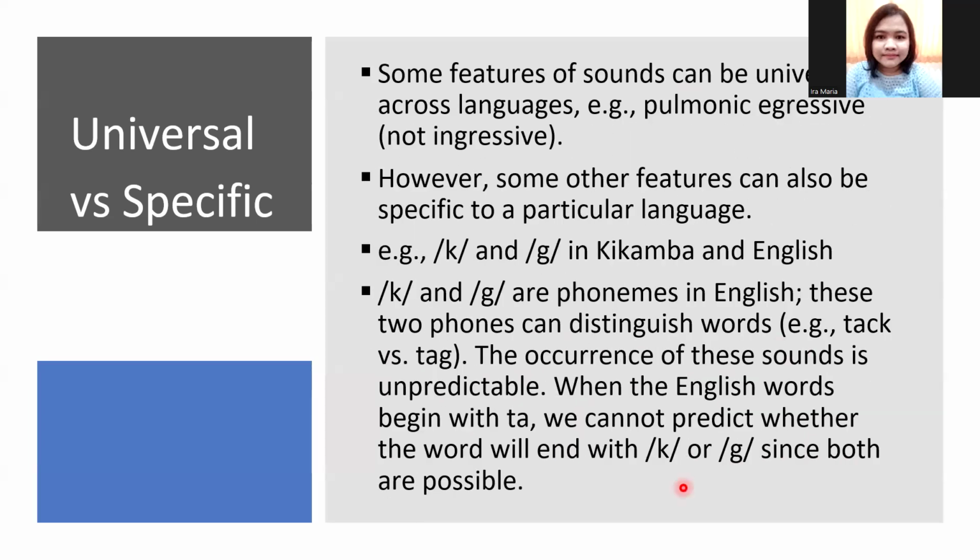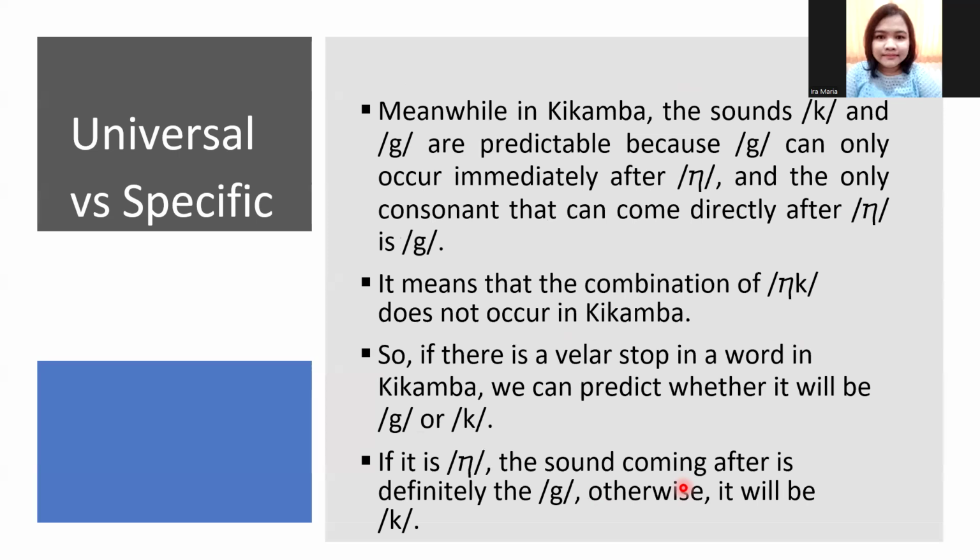So like I told you about the pulmonic ingressive airstream, based on research, there is an ethnic group called Kikamba. Kikamba is a Bantu language spoken by the Kamba people in Kenya.